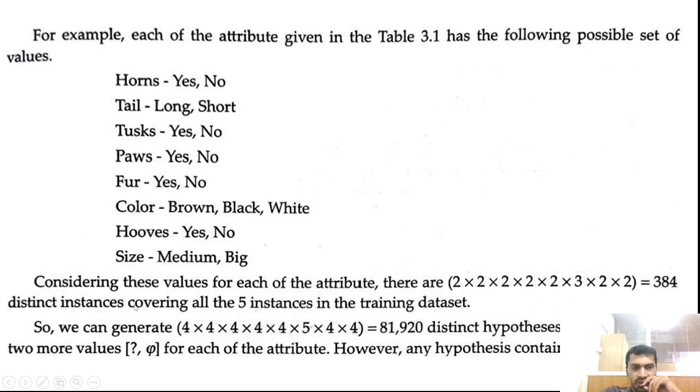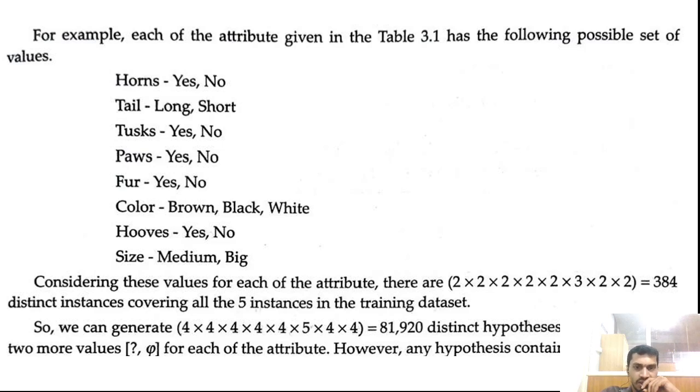So for the total instance calculation, if I consider the value of each attribute, I multiply the number of possible values for each attribute, that is 2 into 2 into 2 into 2 into 2 into 3 into 2 into 2.